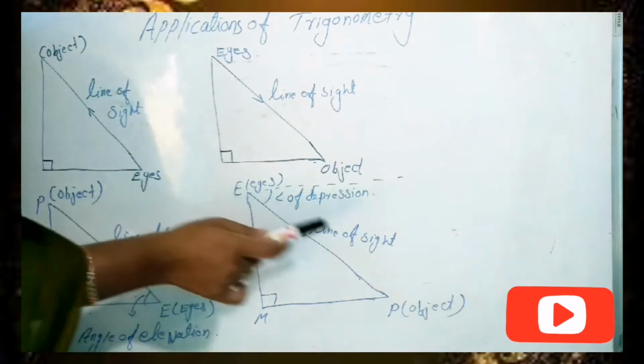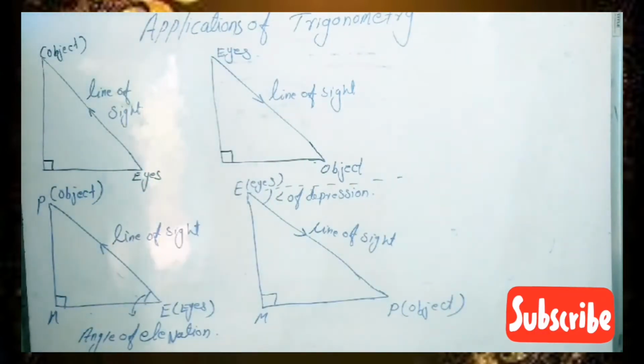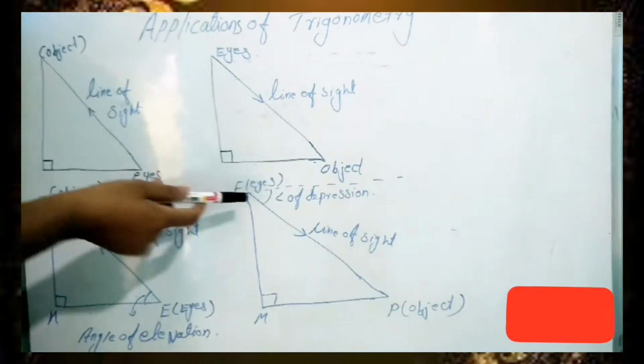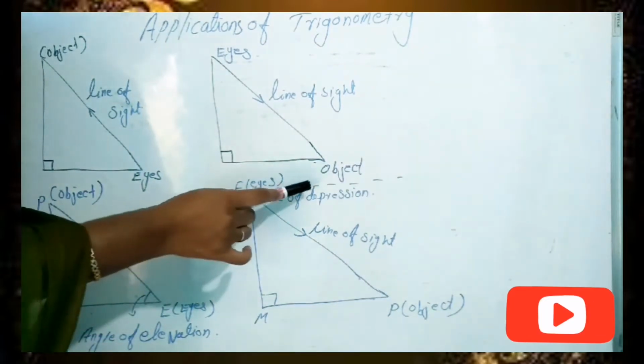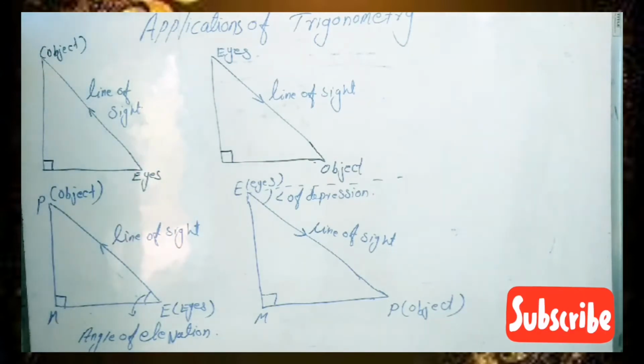If the object lies below the horizontal level or below the eye level, then the angle between the line of sight and the horizontal line through the eye is called angle of depression.